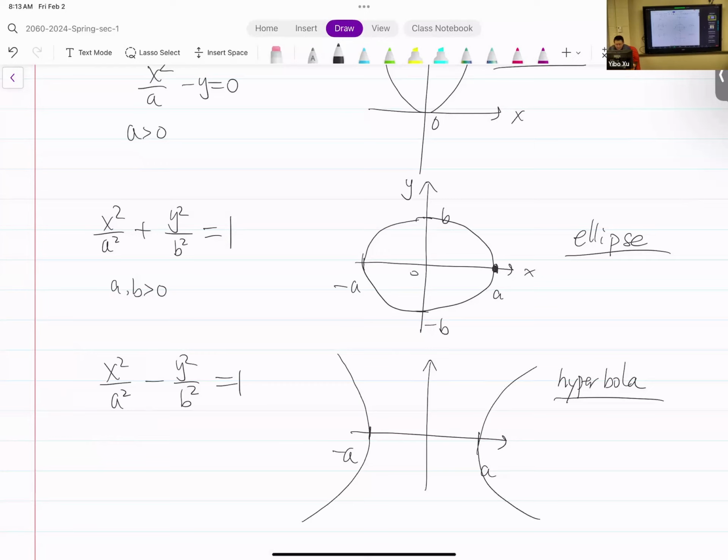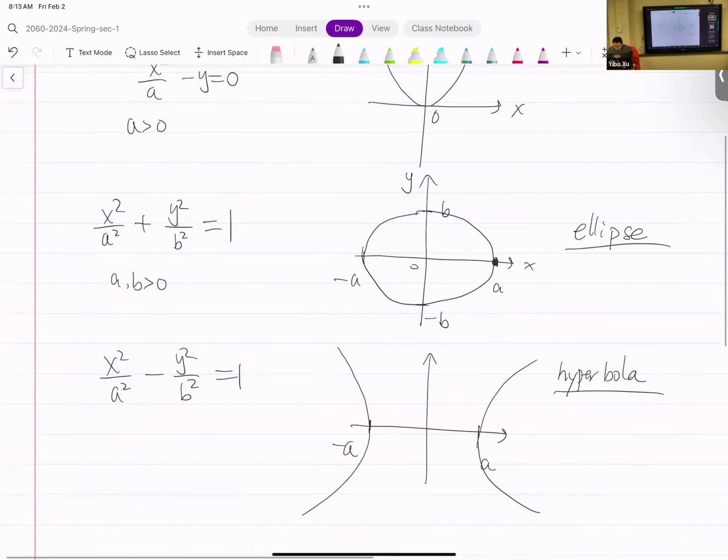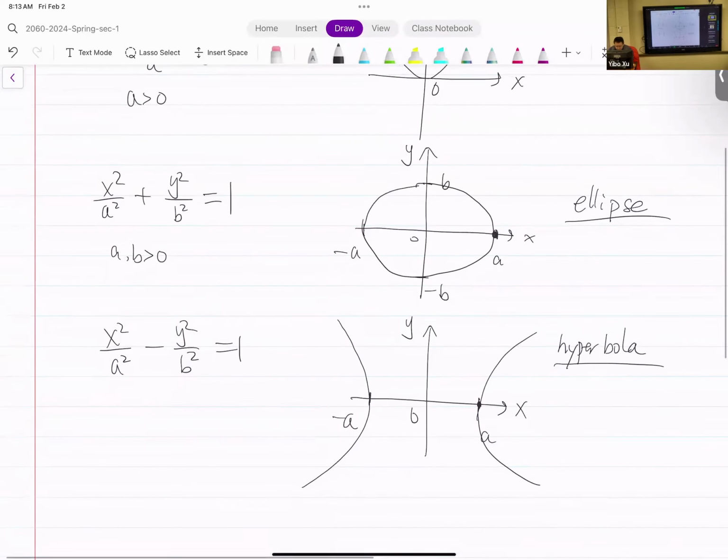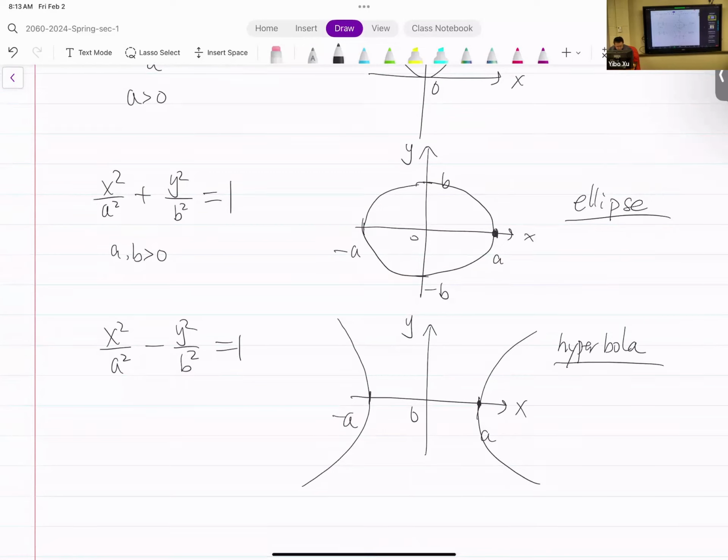Whenever you fix a y value, the x absolute value just gets larger and larger, but the smallest possible absolute value is a, right? So that's good. You should be familiar with these.